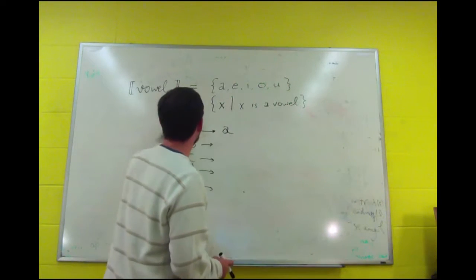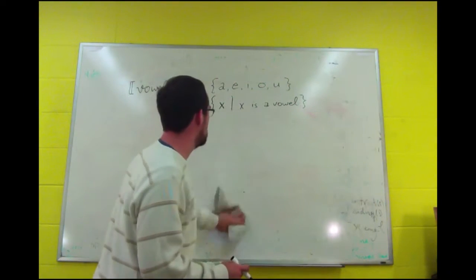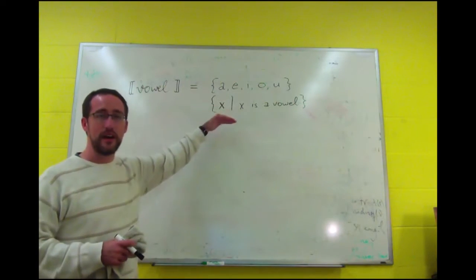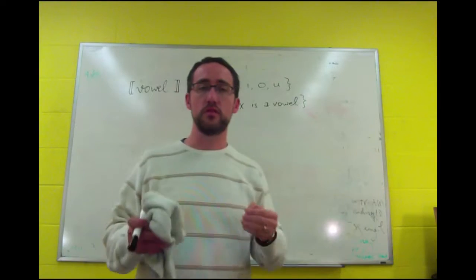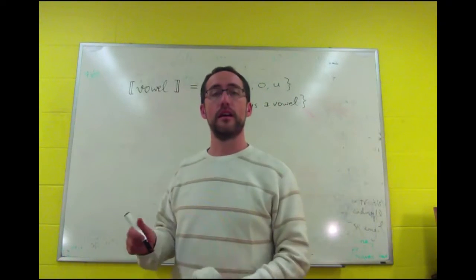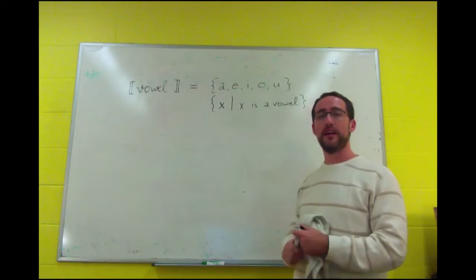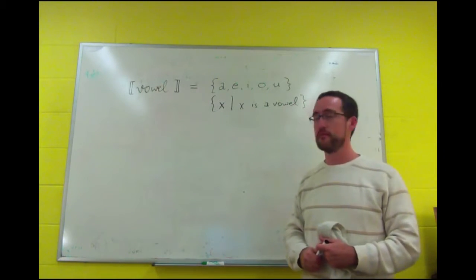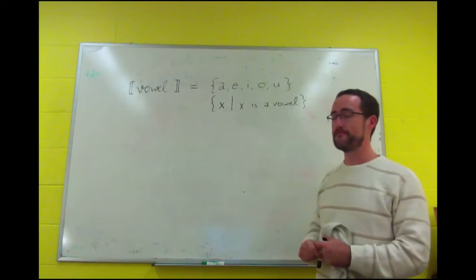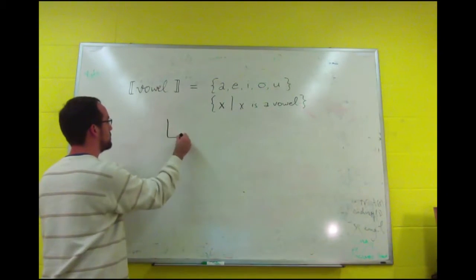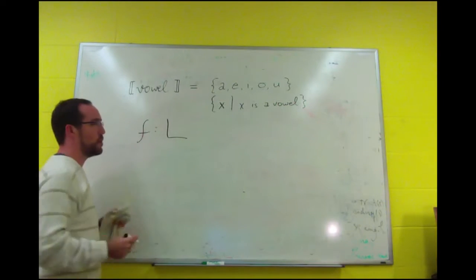And that's where the characteristic function comes in. So the characteristic function works not by mapping to the set of vowels, but by mapping to one of two values. Everything in this set will map to one value, and everything out of that set will map to the other. So let's say we have a set of letters again in our function. What does it map to?